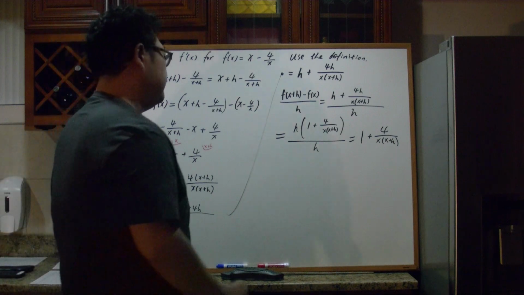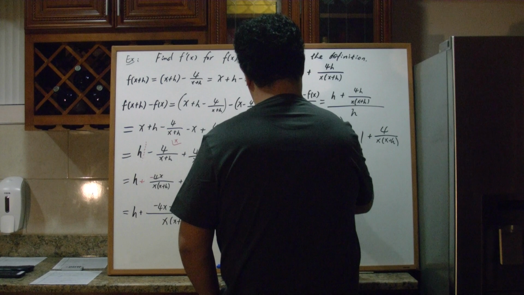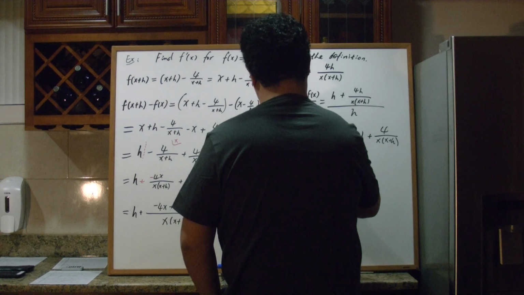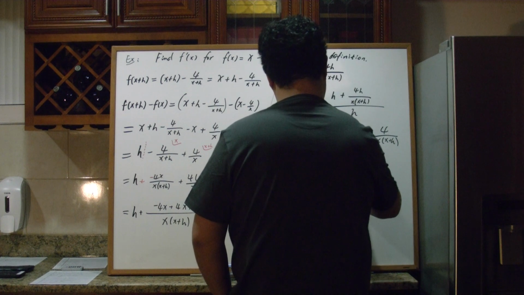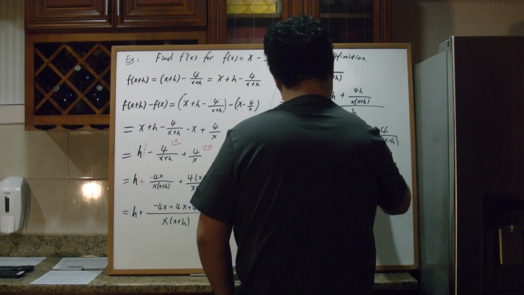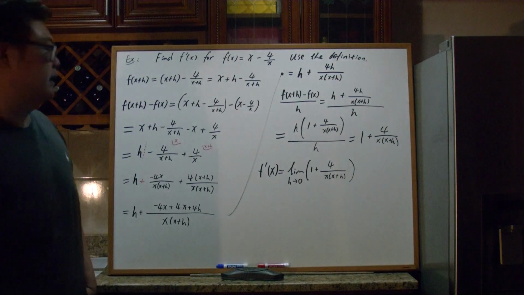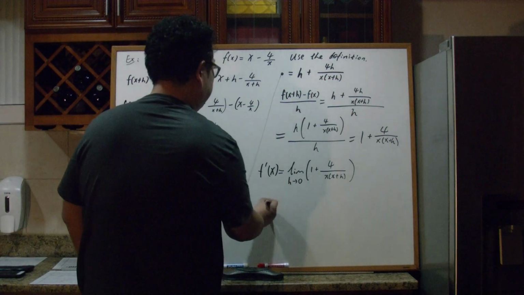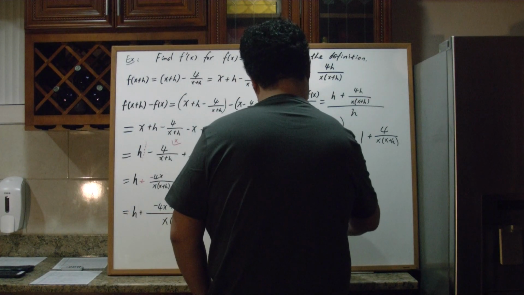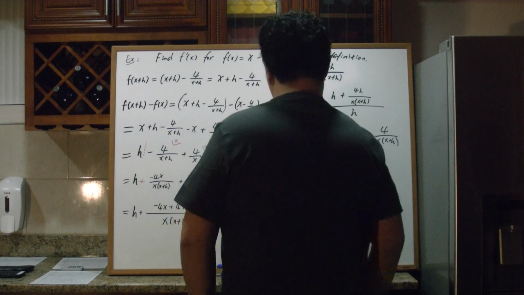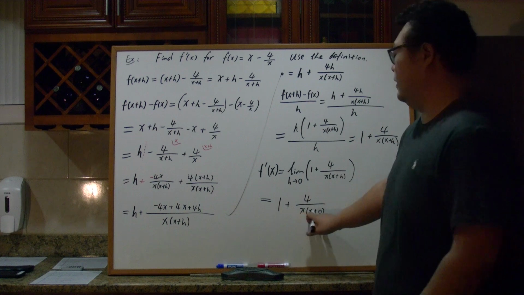And then when we take the derivative f prime of x, we just take the limit as h goes to 0. The limit as h goes to 0 of this expression is 1 plus 4 over x times x plus 0, that is x squared.